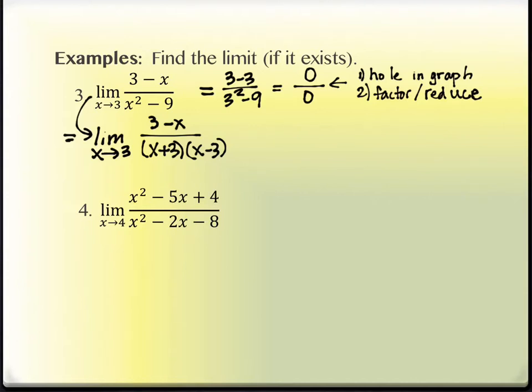You're right. So if at this point there's a perfect match from top to bottom, you cancel them out and you move on. Here, there's not a perfect match, but 3 minus x and x minus 3 are almost the same thing. In fact, they are the same thing except for the fact that one of them is the negation of the other. And so just like Jules said, if you take the top, and I'll go ahead and cut this and repaste it, and you were to take out a negative, you would actually end up with negative 3 and plus x, which is the same as x minus 3.